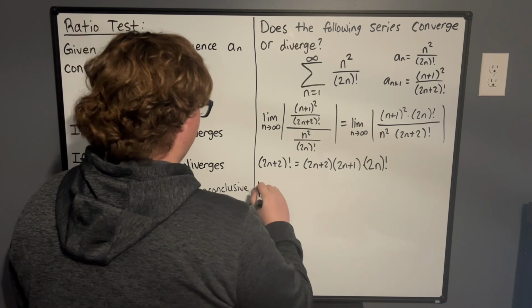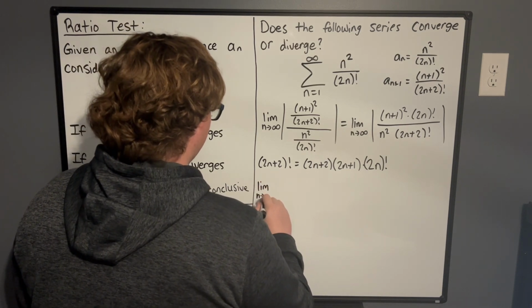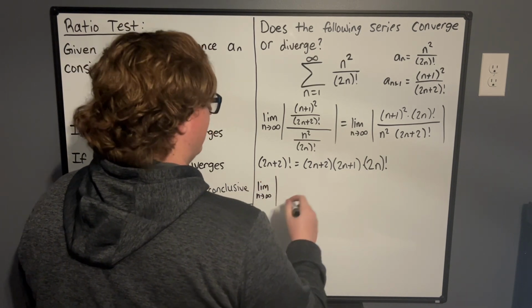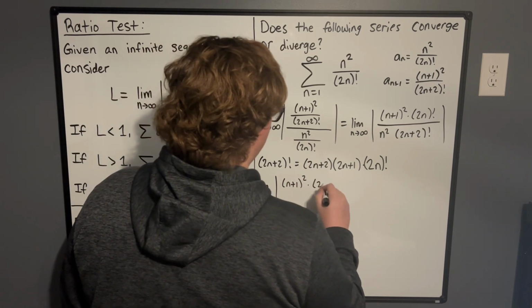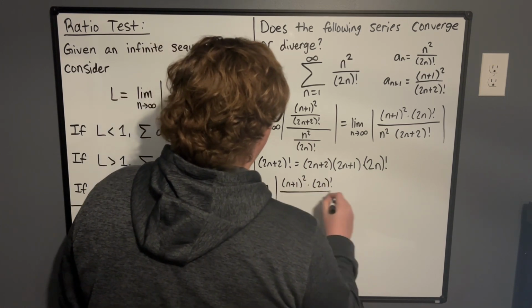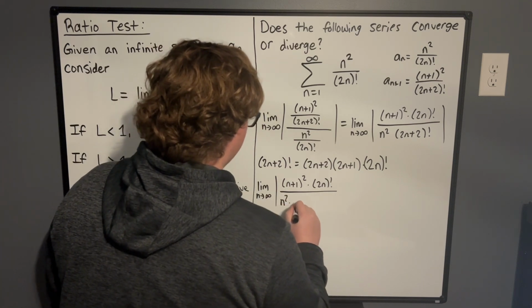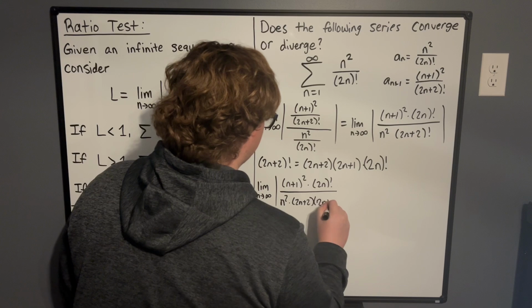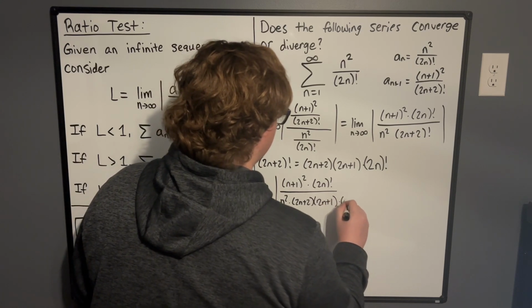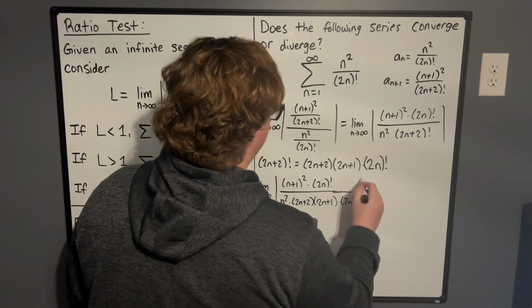So what we have here, when we rewrite it, the limit as n goes to infinity, absolute value, so we still have the n plus 1 squared times the 2n factorial, but in the bottom, we're going to have n squared times 2n plus 2 times 2n plus 1 times 2n factorial.